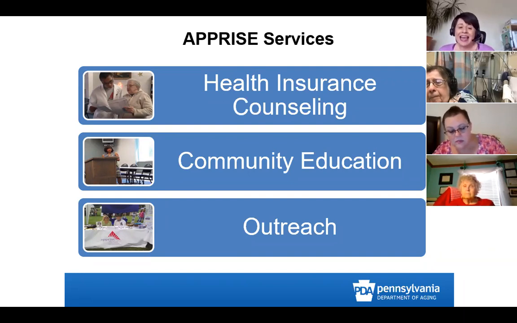There are 10,000 people a day becoming Medicare eligible in the United States from now until about 2036. So you can imagine if 10,000 people are becoming eligible every day, our services are going to be needed more and more, as a lot of our baby boomers are reaching Medicare eligibility.